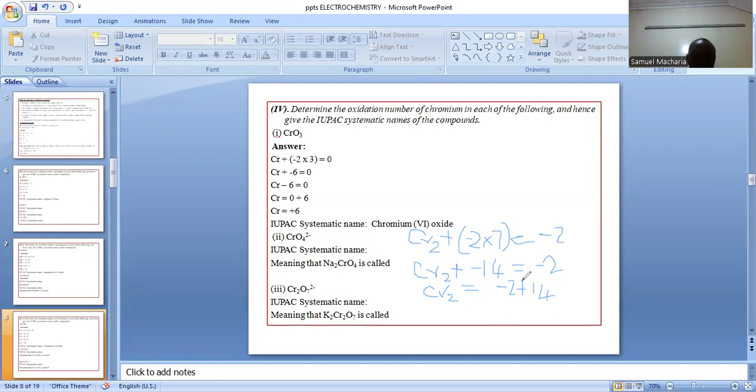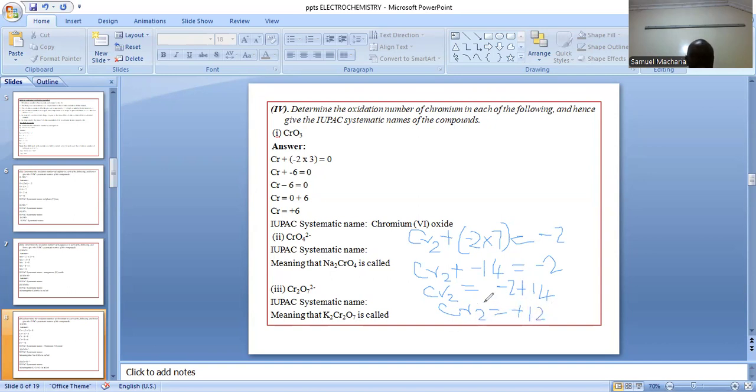Now, when you work out -2 plus 14, you get +12. So the chromium, 2 of them, equals +12. We said slow but sure.